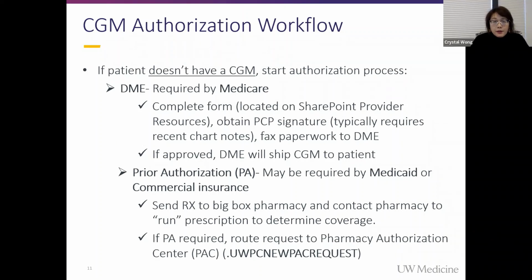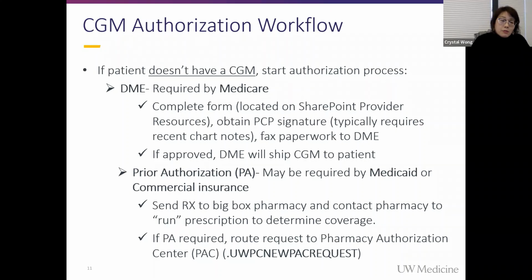This is a little bit about the behind the scenes of what's going to happen if your patient does need authorization for equipment through Medicare or Medicaid. So obviously for Medicare, we talked about the DME form, so that will be in there. And then that needs to go to the DME provider. And if all the boxes are checked, then the DME company will just ship the equipment to the patient.